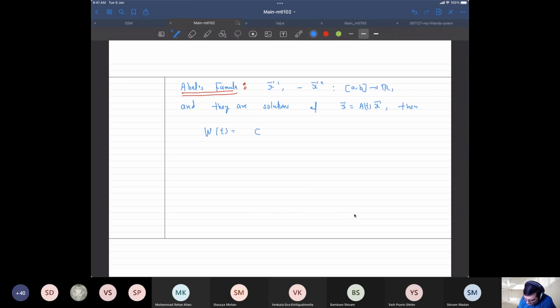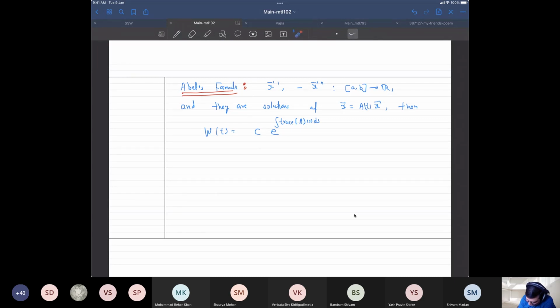In fact, I'll come back to this constant again. Exponential integral trace of A. Now, note that A is a function of t, so this trace will also be a function of t. So this trace has to be integrated with respect to t.